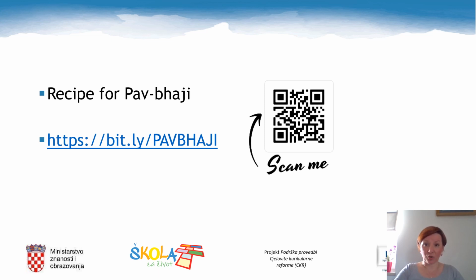Maybe the safest thing to do, if you would like to prepare this dish and you need the ingredients, is to ask your parents for help. Ask them to help you find the online shop that sells herbs and spices and order some from somewhere in the world. I really hope you will try to prepare this dish.